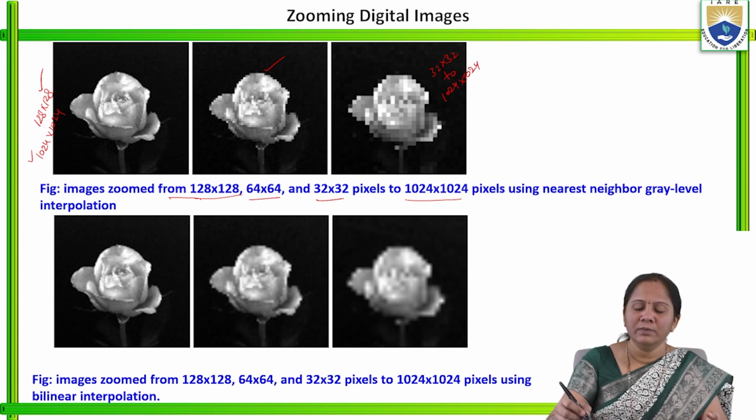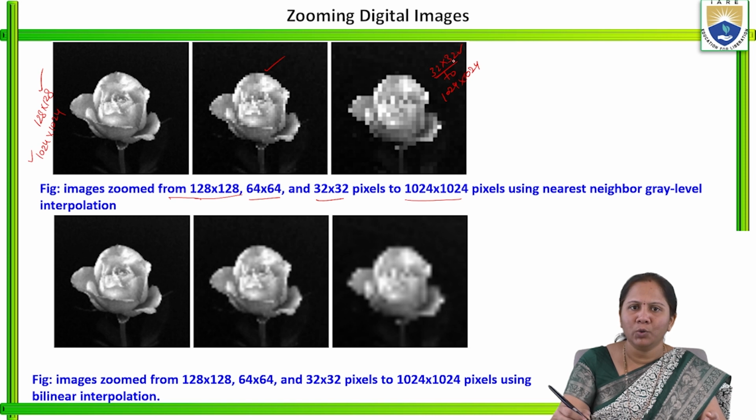So if we observe, when the original size of the image is too small and we zoom it to a too high value, the quality of the image will get reduced.